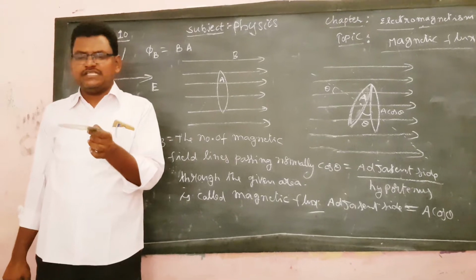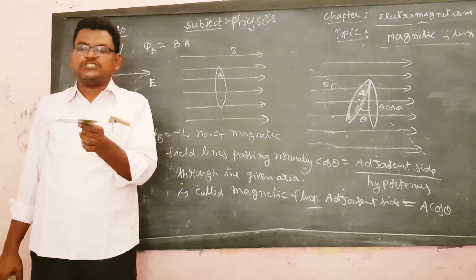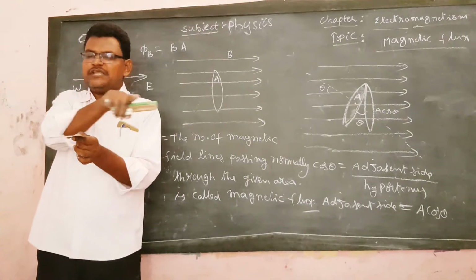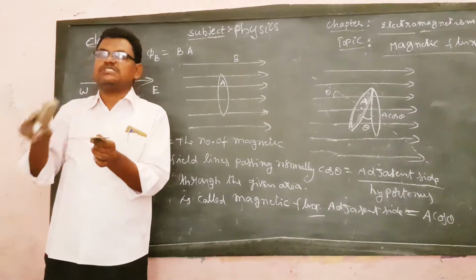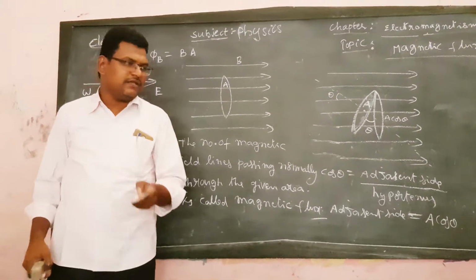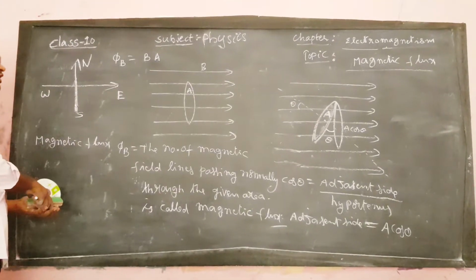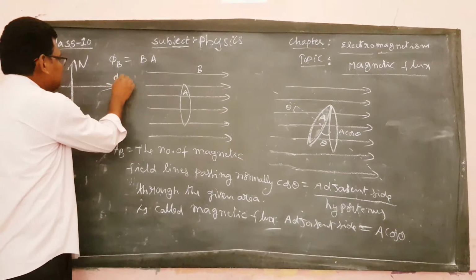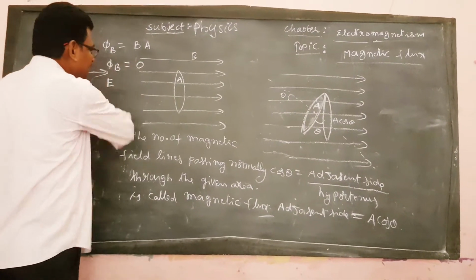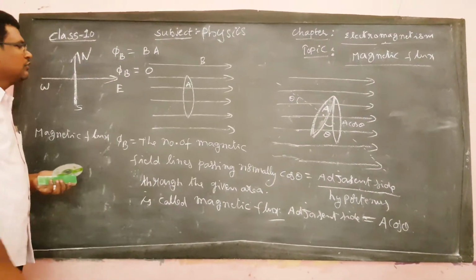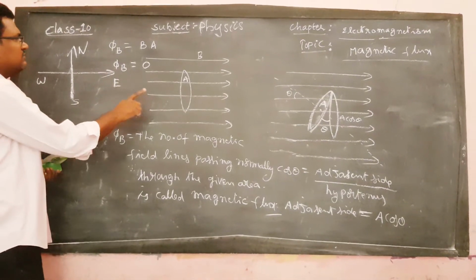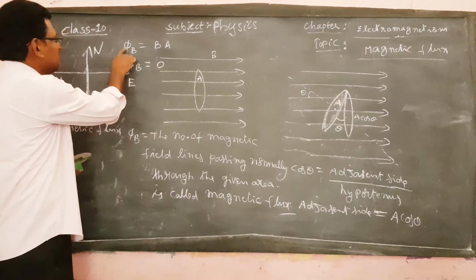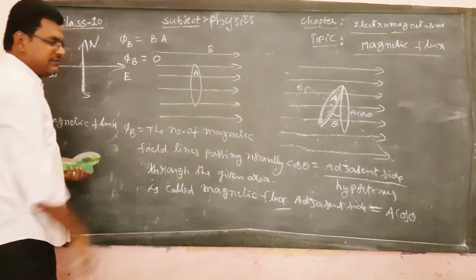Suppose I take the surface area in this orientation, then what happens? No magnetic field line passes through the surface area, which means the magnetic flux phi B is equal to 0. When the surface area is perpendicular to the magnetic field, then the magnetic flux phi B is equal to BA.